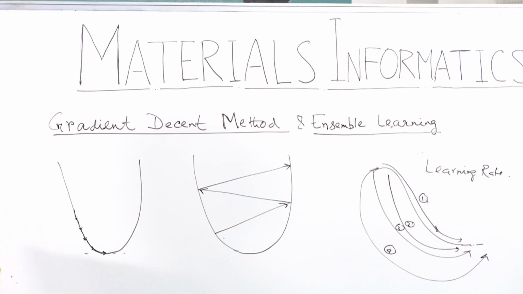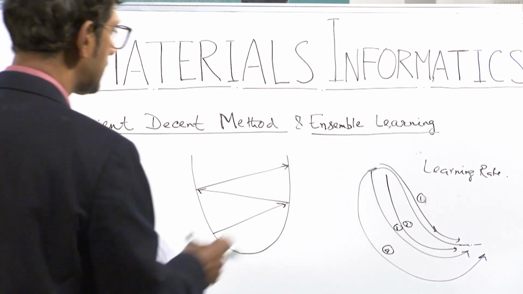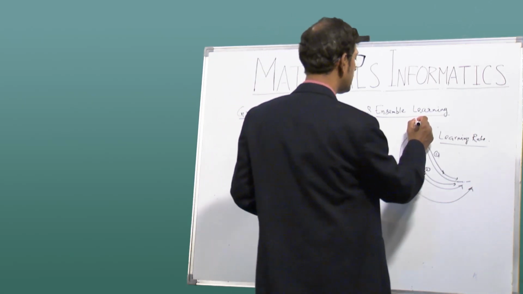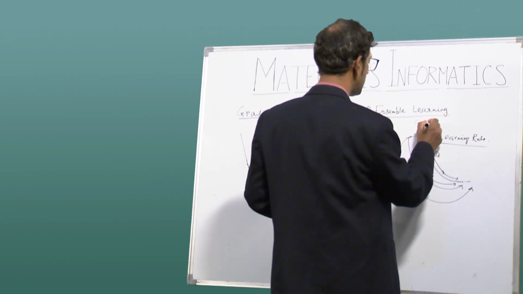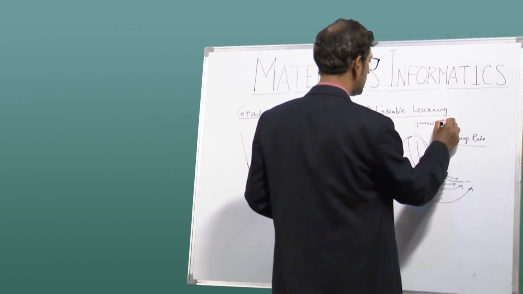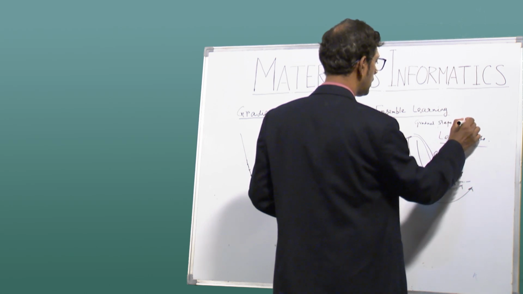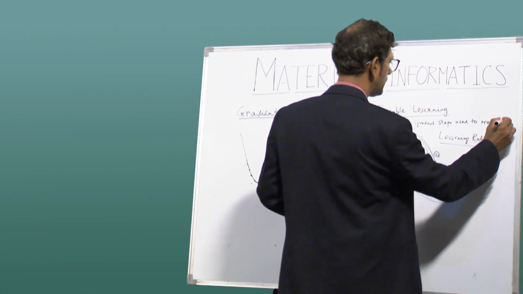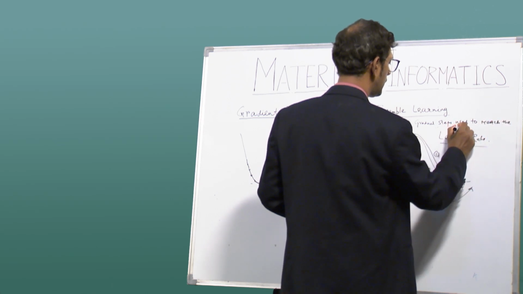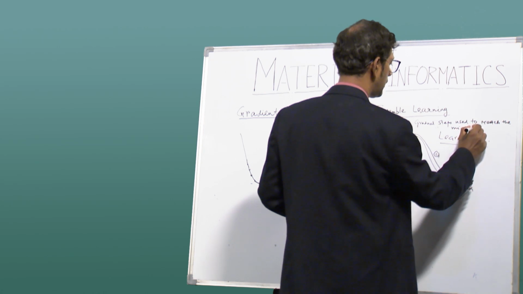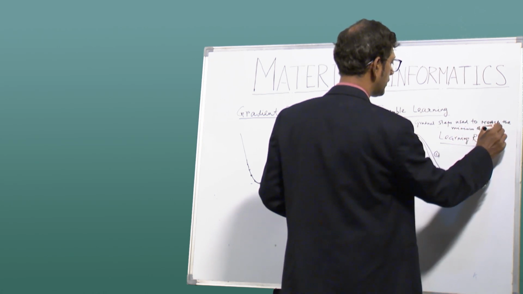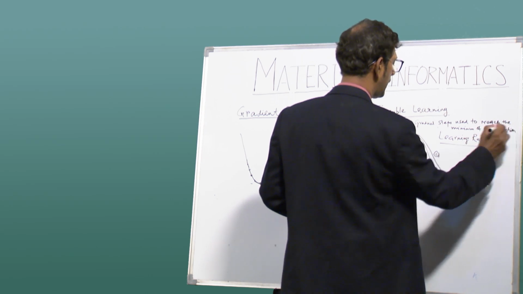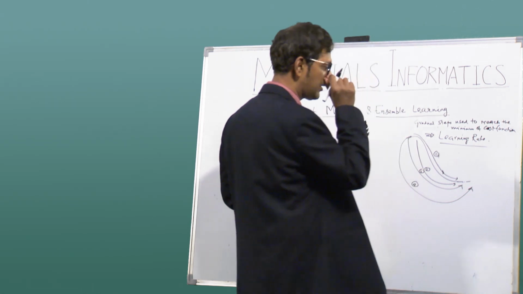The gradual steps used in this descent are known as the learning rate. That means the gradual steps used to reach the minimum of the cost function or loss function are what is called the learning rate.